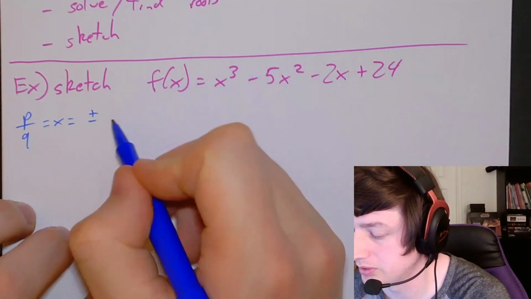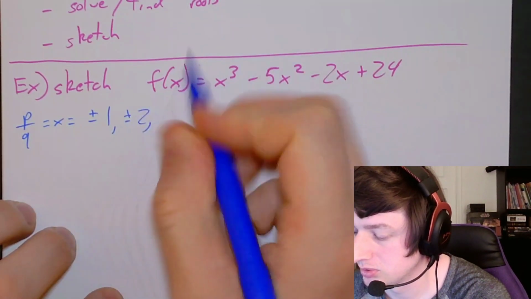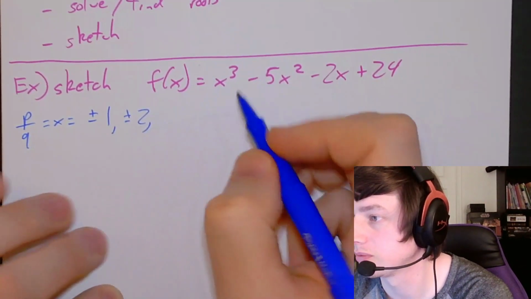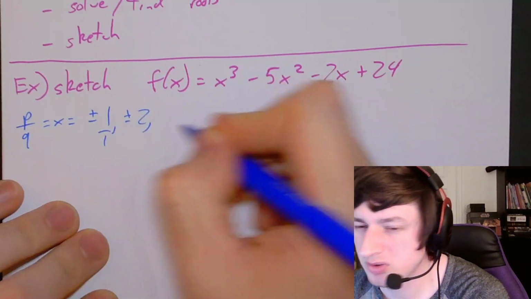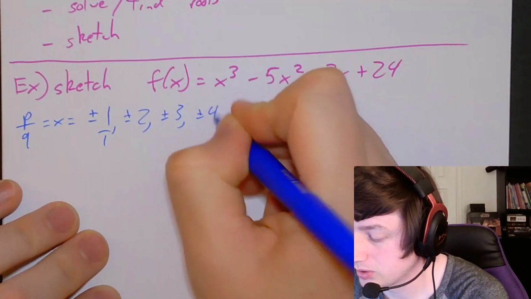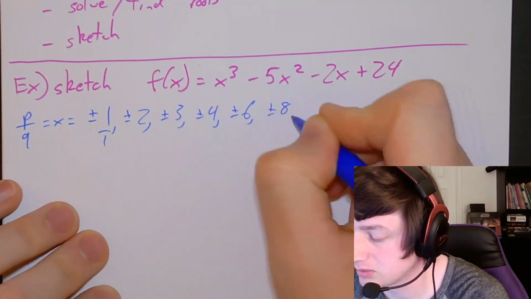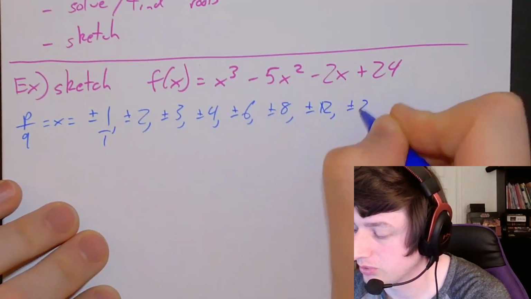So 1, plus or minus 2. These are all divided by 1 since this is just 1, so I'm not writing the division, but they're all over 1. 2, we can divide 24 by 3. Plus or minus 4, plus or minus 6, plus or minus 8, plus or minus 12, plus or minus 24.